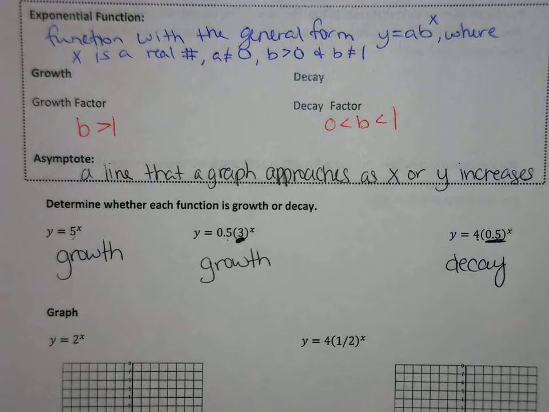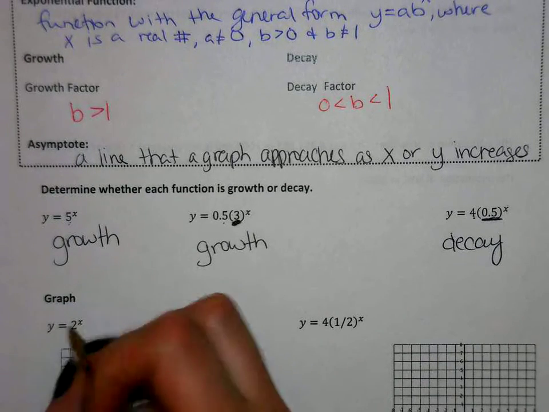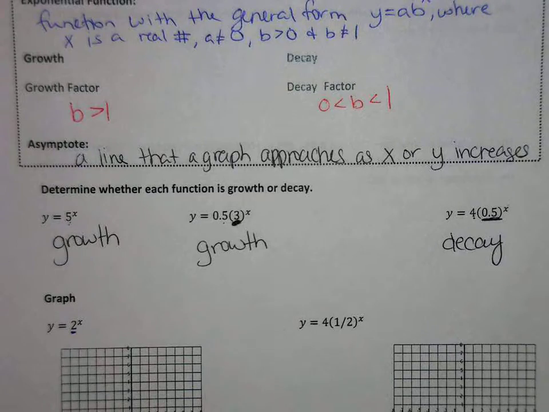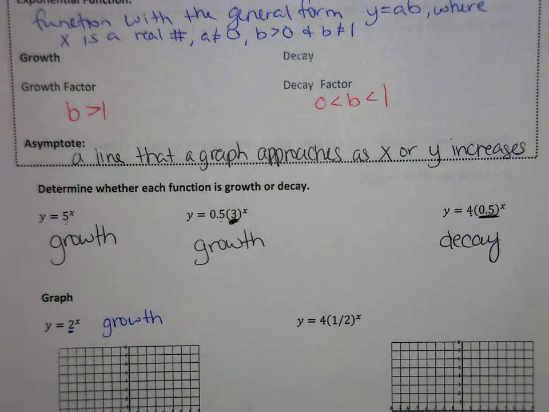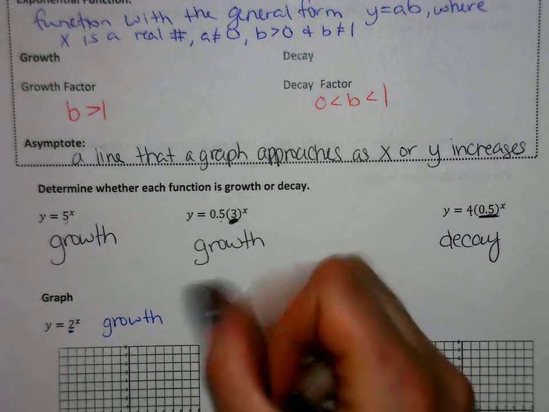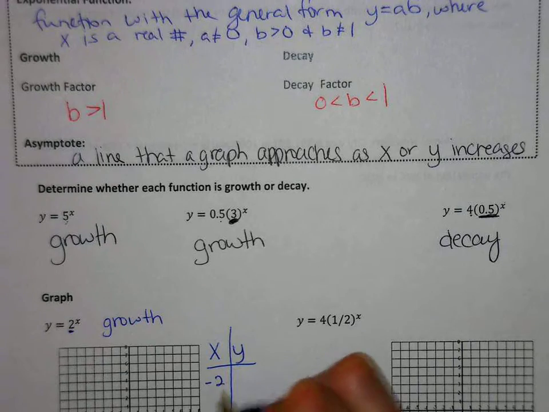Alright, let's take a look at how we can graph. Let's first determine whether we are working with a growth or a decay. So if we're looking at this factor, it's a 2, so we're going to have a growth. So if we set up a table, start with -2, -1, 0, 1, 2, and 3.